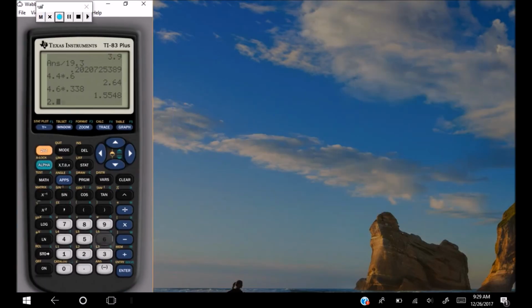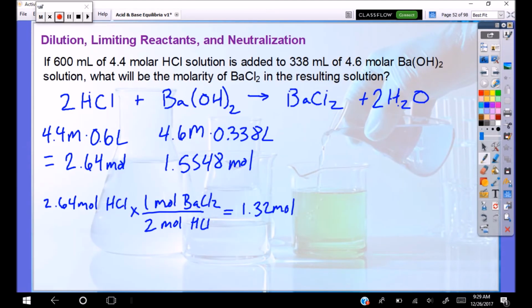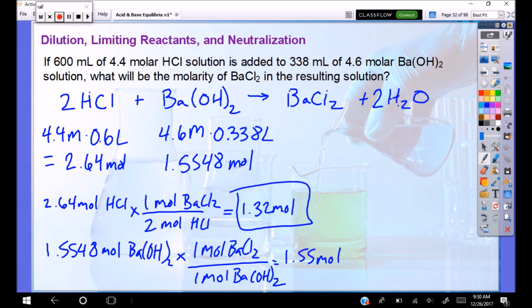Let me double check. 2.64 divided by 2, yes, 1.32. All right, and 1.5548 moles of barium hydroxide leads to my barium chloride. So 1 mole of barium chloride and 1 mole of barium hydroxide. Well, it's easy to see which one's the limiting reactant here. Our hydrochloric acid is the limiting reactant. We make less stuff with our hydrochloric acid, so this is how many moles of barium chloride we end up with.